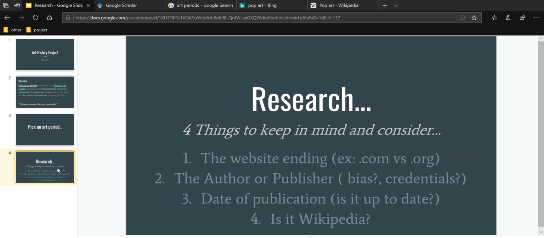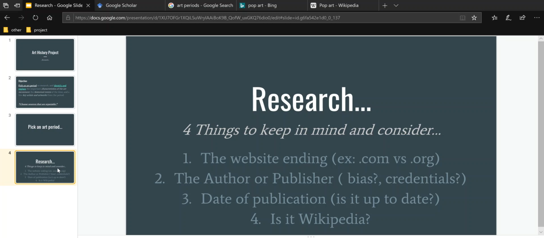Everyone has their bias, and you want to consider that so that when you're researching, you're getting the whole side of the story. Another good thing is to look at their credentials. It's always better to read information from professionals than amateurs.